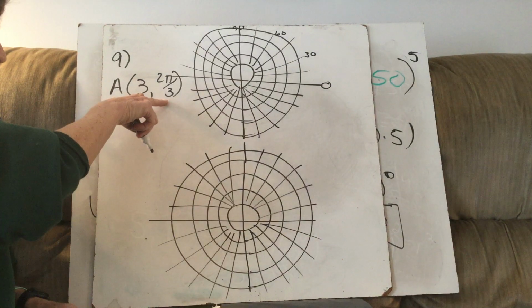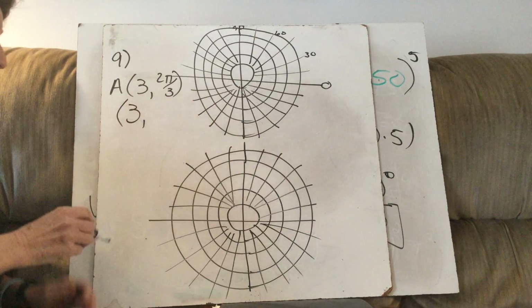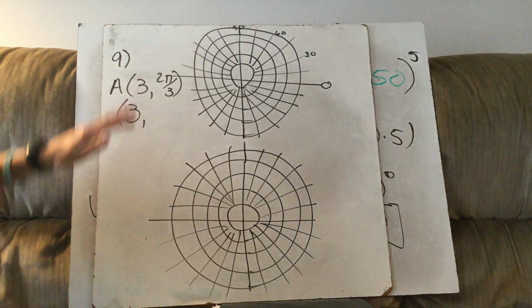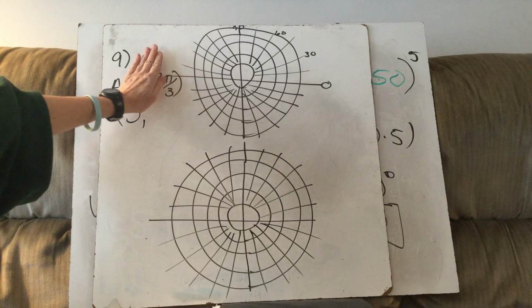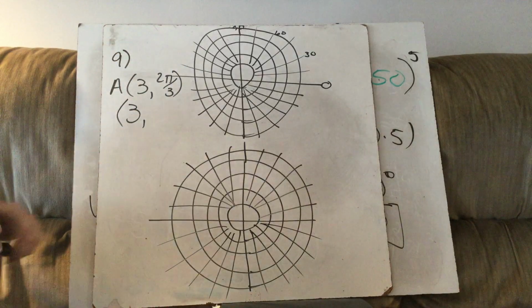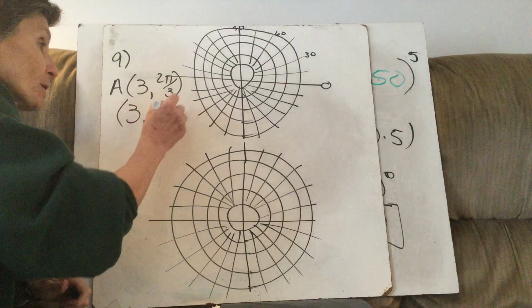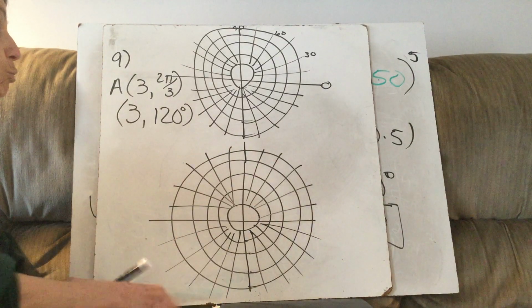So we don't want a radian measure here. So I'm going to change that to 3, the degree measure. So remember, pi is 180 divided by 3 is 60 times 2 is 120. So I am going to plot the point 3, 120.